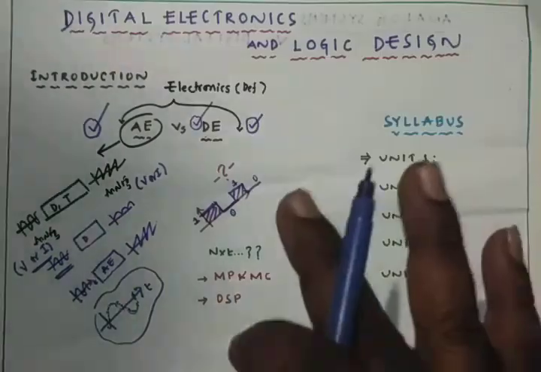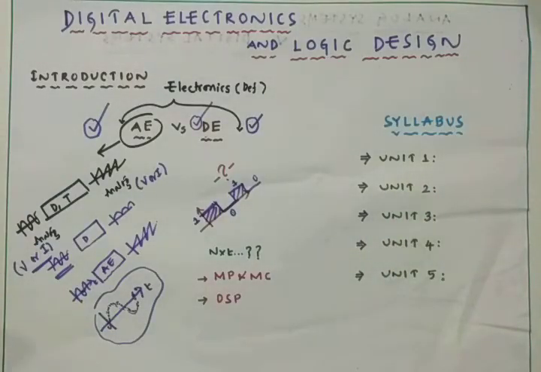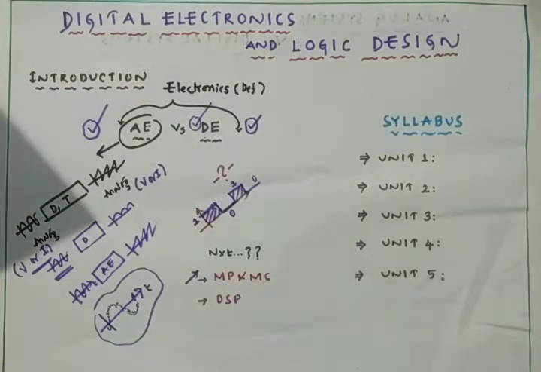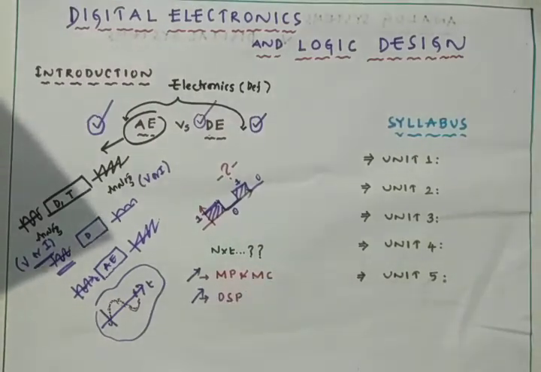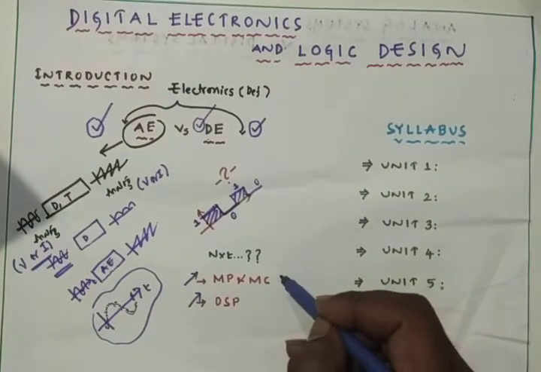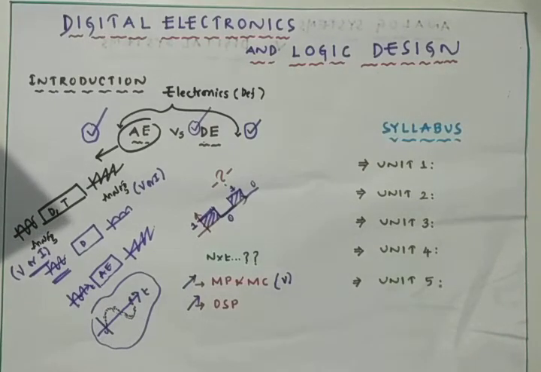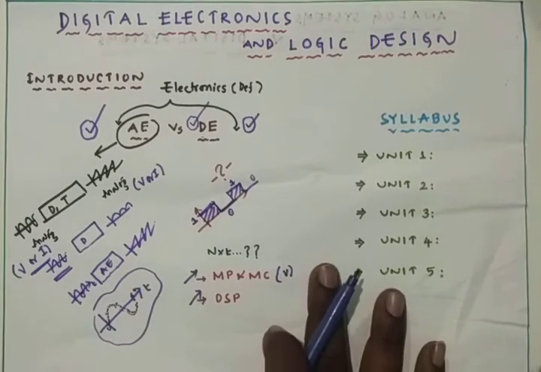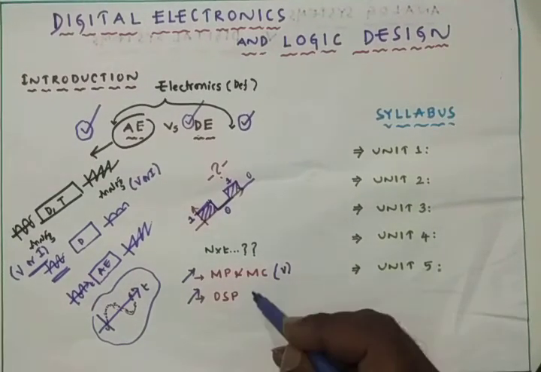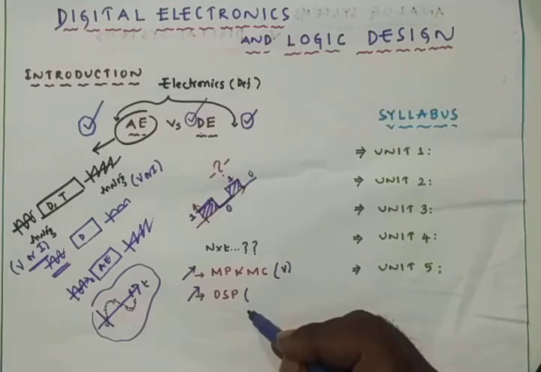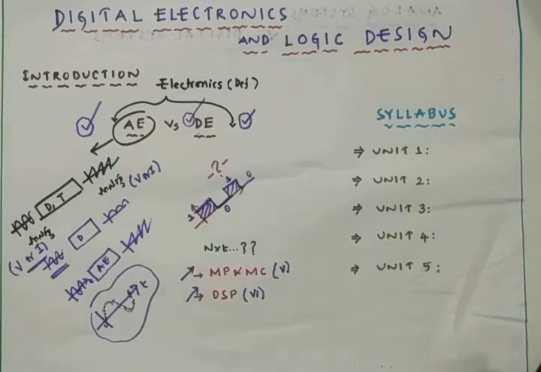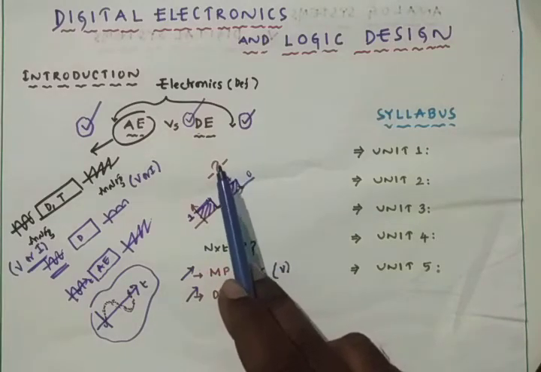If you are good at digital electronics and logic design, you are going to find very interesting things in the microprocessor and microcontroller you are going to study in the 5th sem. And if you are good at the concept of digital electronics, you are going to find things very easy in DSP, that is digital signal processing, in the 6th sem.